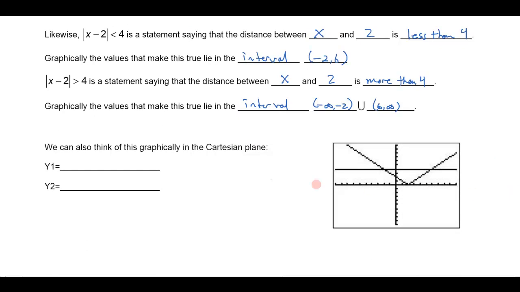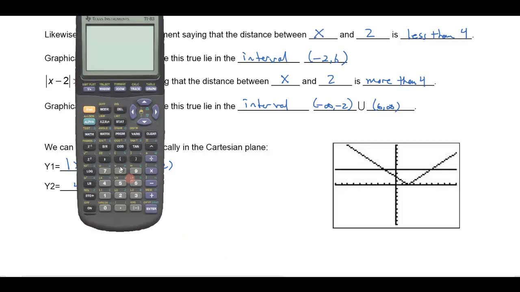One last thing before we close. You can also think of this graphically in the Cartesian plane. If I were to let y1 be the absolute value of x minus 2, which on our calculators is sometimes the ABS of x minus 2, and then let y2 be 4. Let me do that real quick here.